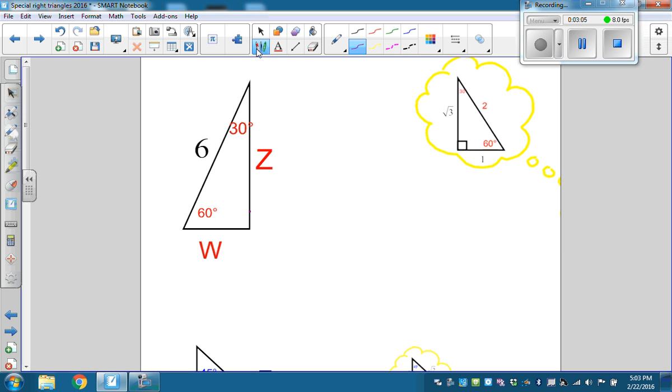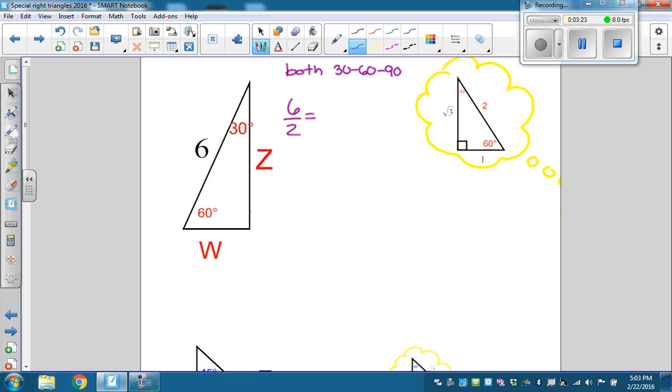So my first example would be to use this with a ratio proportion. I can compare the hypotenuse of the left triangle to the hypotenuse of the right triangle. Because they're both 30, 60, 90s, they're going to be proportional.